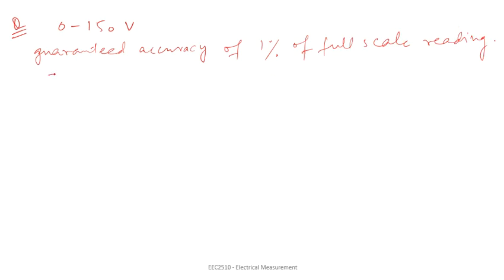So this is the measured value, the voltage measured. The instrument is having a scale of 0 to 150 volt, but it is measuring only 75 volt. Okay, so it indicates 75 volt in its meter.